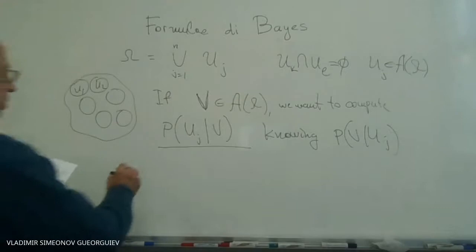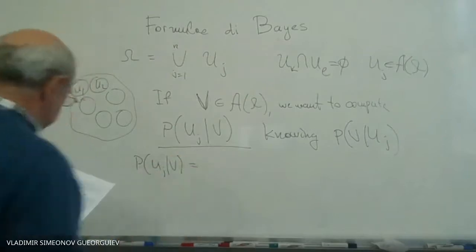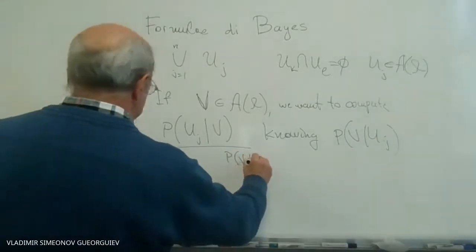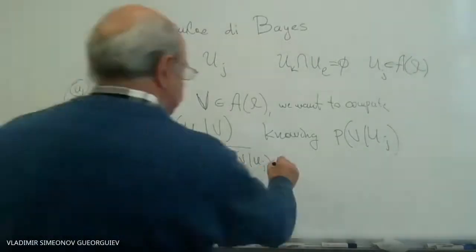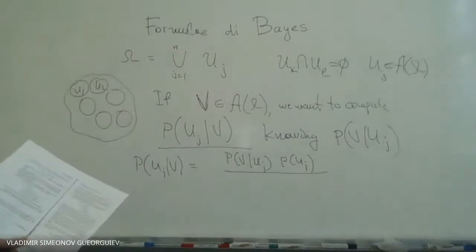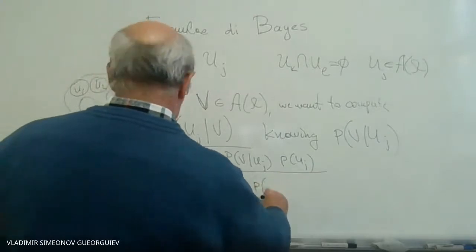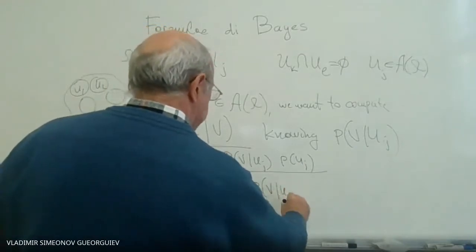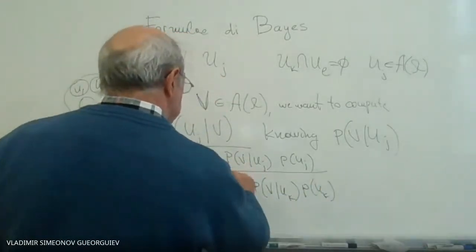So when you compute the probability of event Uj given V, this is exactly equal to the probability of V when you are in Uj, then you multiply by the probability of Uj, and in the denominator you take the sum of probabilities of the same V under Uk times the probability of Uk, k from 1 to n.